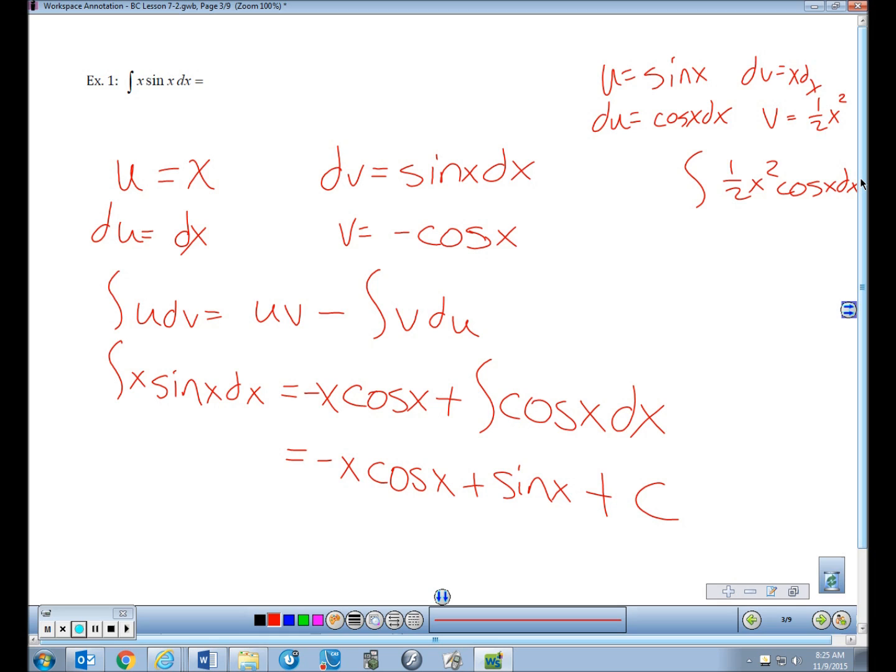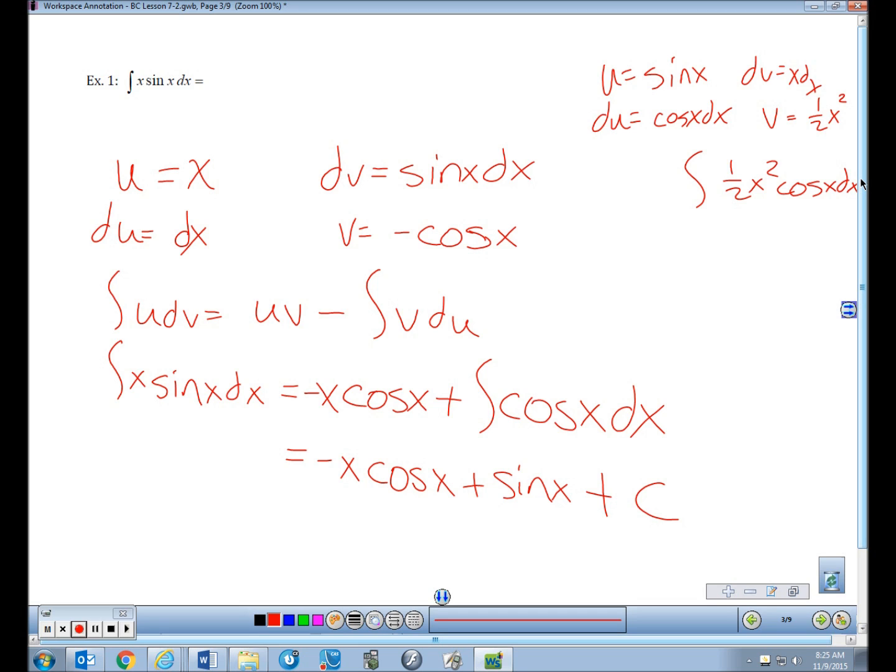Typically speaking, if one of the two functions that's being multiplied together in the integrand is going to differentiate to a constant eventually, that should be u. There's one exception to that case, which is if log x is involved in the problem.